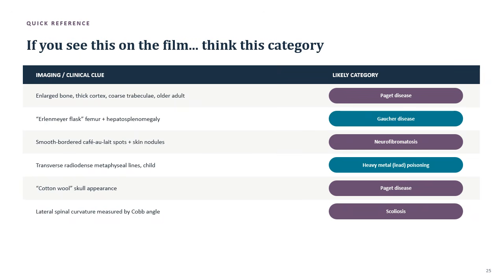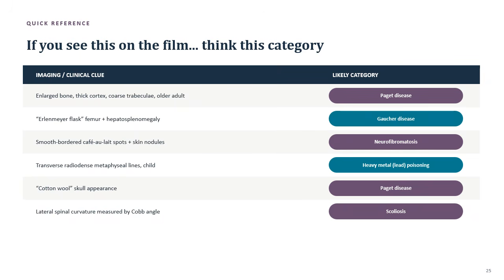That is a sign of Paget's disease. The other one here is we have a cotton wool skull. That is another sign that points to Paget's disease. The next one is the flask shape, and the patient might present or have an enlarged liver or spleen. That is a condition or sign of Gaucher disease.